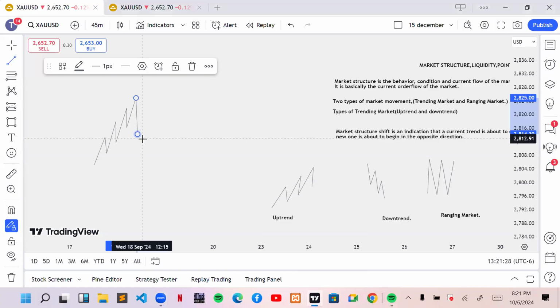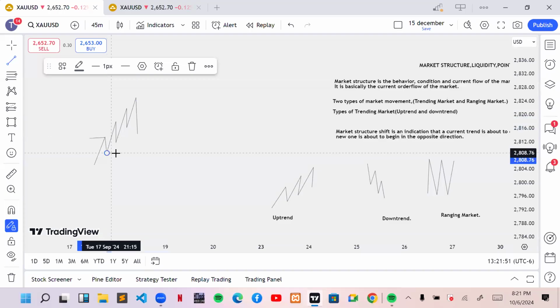That's what I'm saying. The market structure shift basically is an indication that the current trend is about to end and the new one is about to begin in the opposite direction. Previously, the market was on an uptrend. You can see the characteristics of an uptrend: higher highs, higher lows. This is the higher high, then this is the higher low, and this is the higher high.